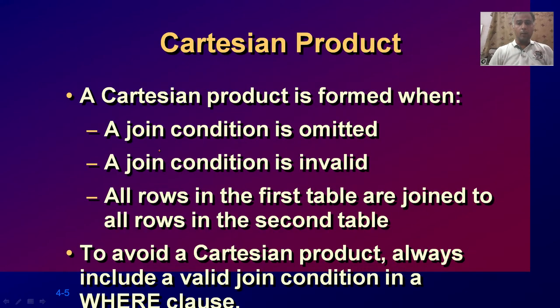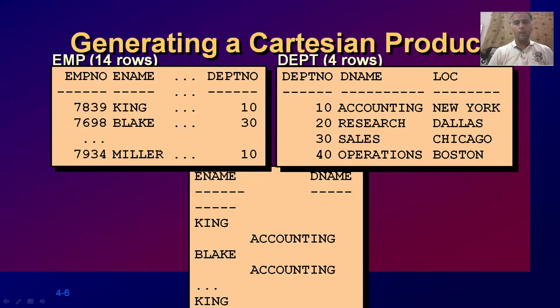A Cartesian product. As we know, suppose we have two tables A and B, each containing some rows and columns. Based on the Cartesian product, we take the cross product of each row with each row of the other table.